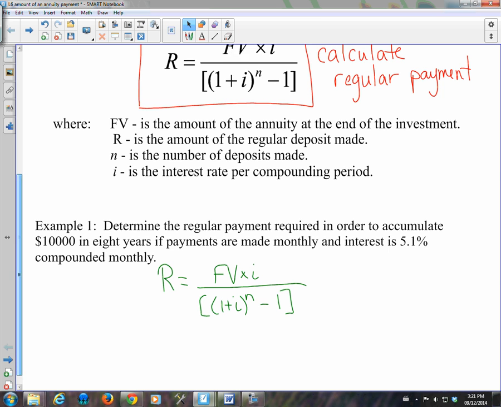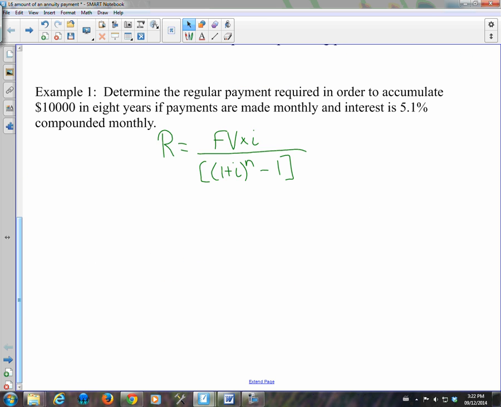Okay, so we've got, I want to find out the regular payment in order to accumulate $10,000 in 8 years if payments are made monthly and interest is 5.1% compounded monthly. So we want to figure out R. The future value is going to be $10,000.